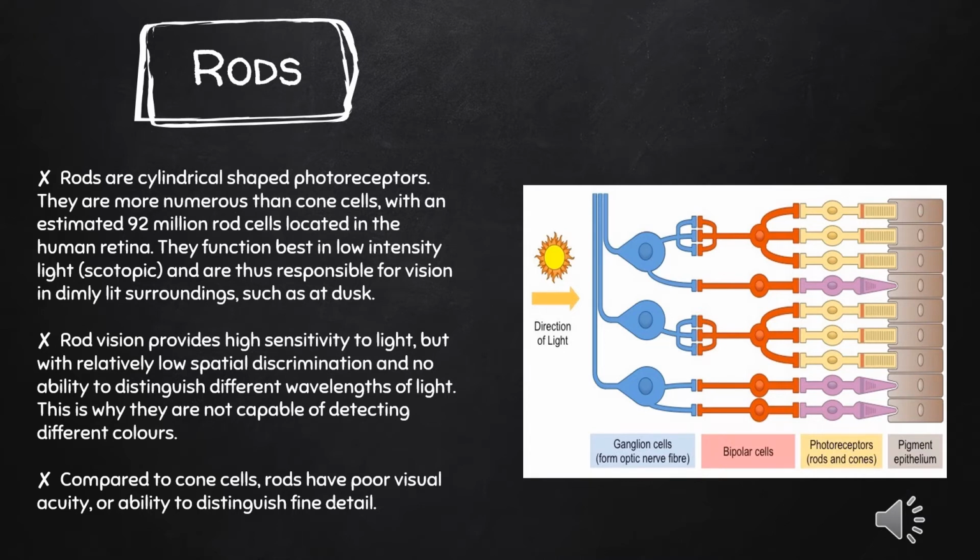Rods are cylindrical-shaped photoreceptors. They are more numerous than cone cells, with an estimated 92 million rod cells located in the human retina.